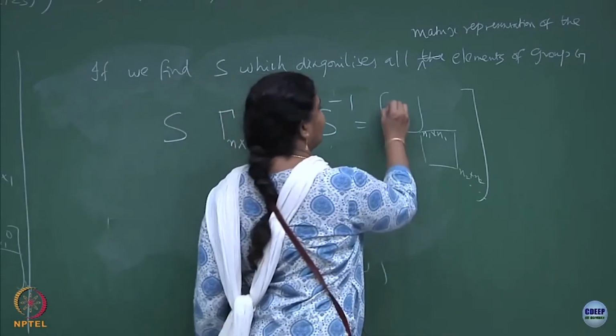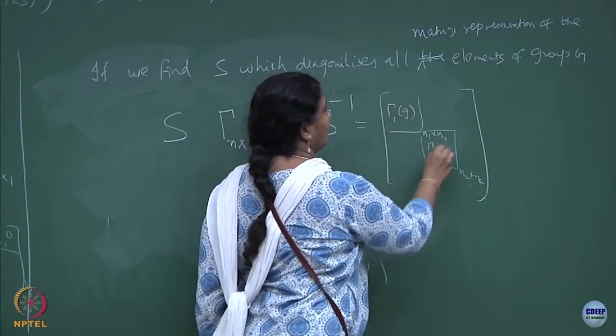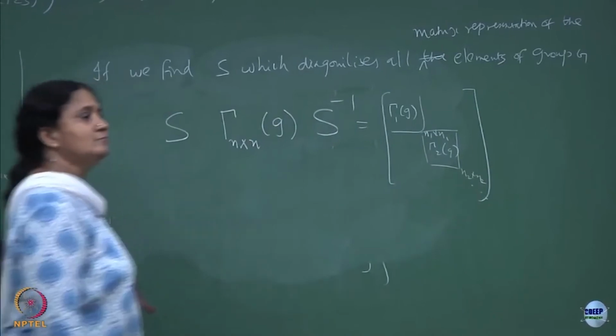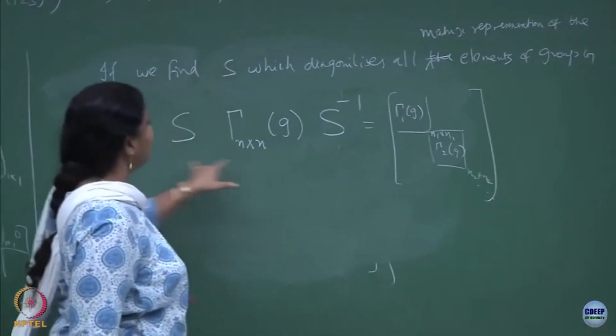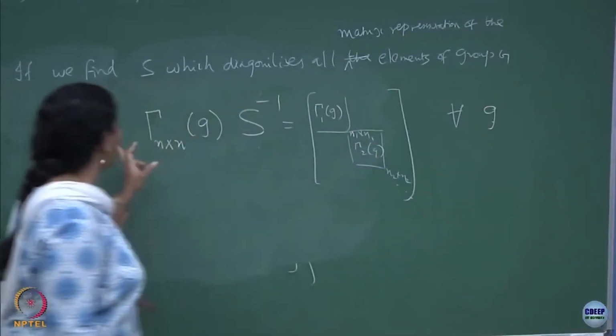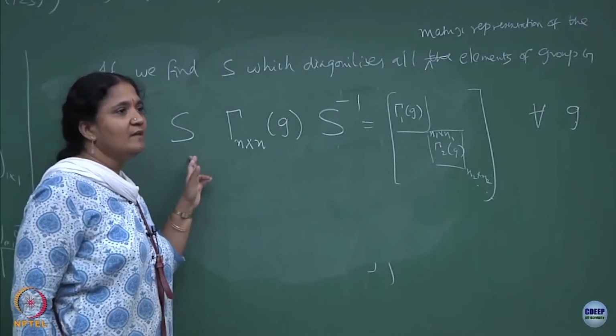Okay. So, let me call this gamma 1 for the same G, gamma 2 for the same G and so on. So, these are lower dimensional matrices. So, this you should do for all G. This is not dependent on G, it should be the same S for all G.